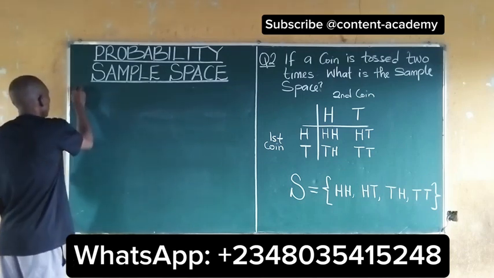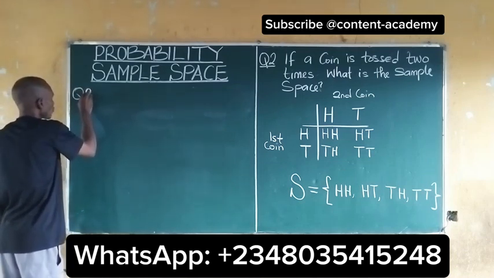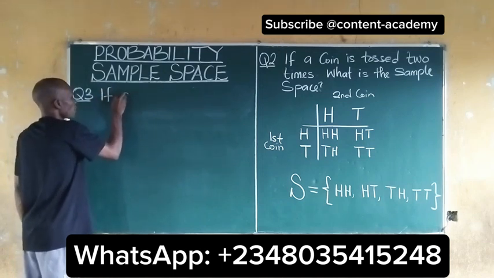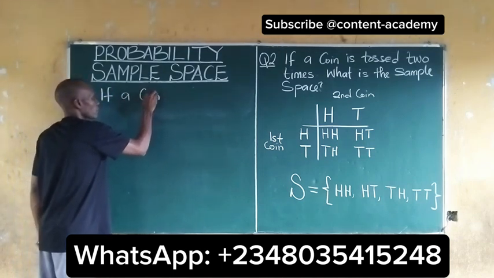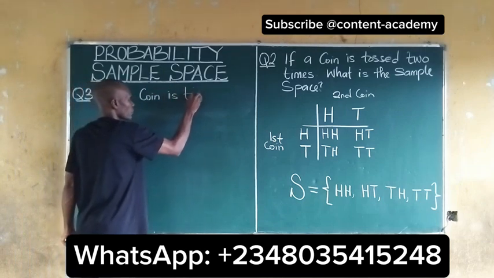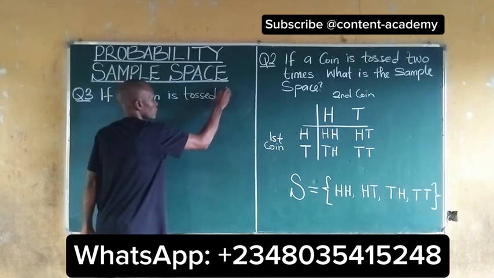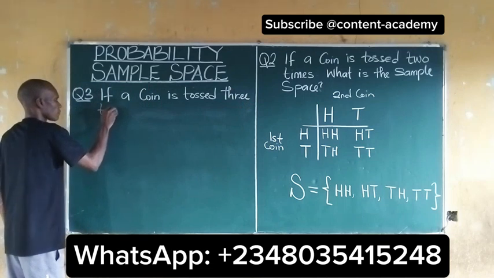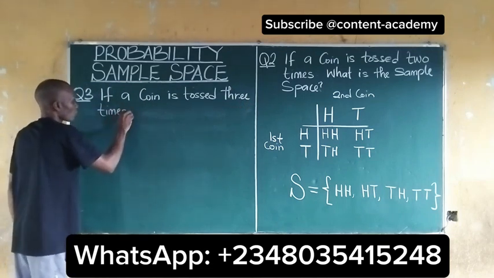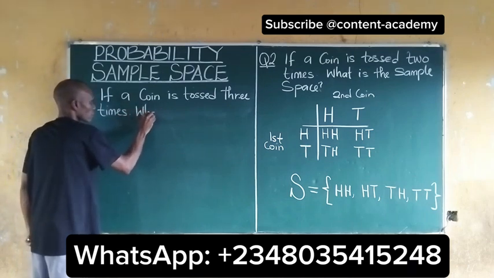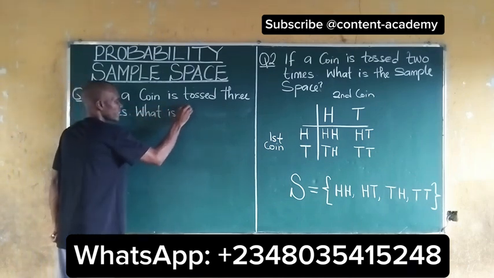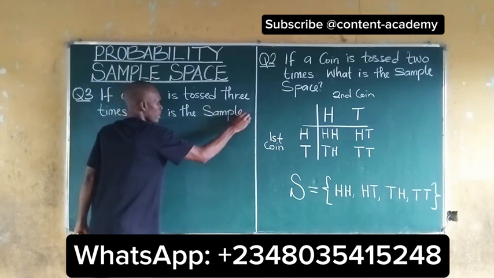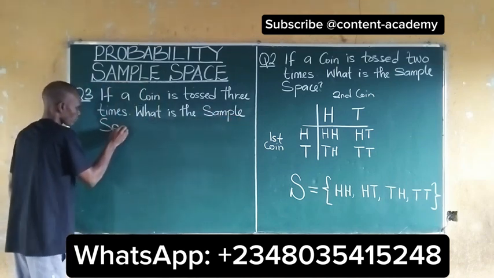So we also take question 3. If a coin is tossed 3 times, what is the sample space?